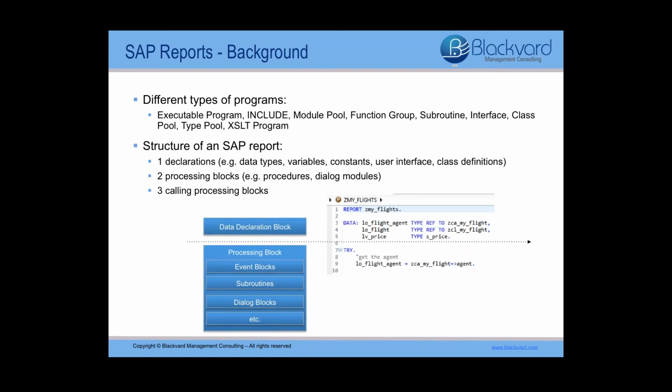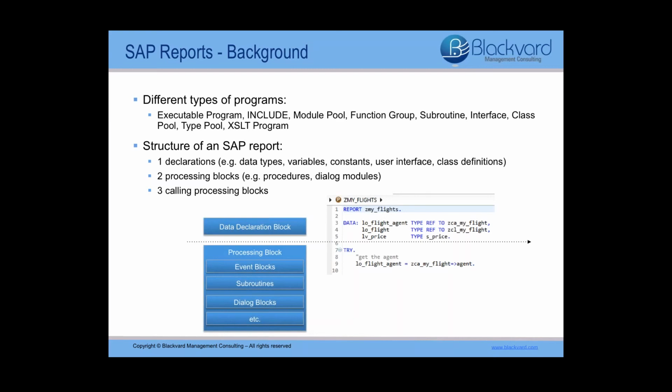The declaration part contains the data definitions, our variables and objects, or for example user interfaces in this case. But here we're just talking about 3 simple items, 2 objects and 1 variable. In line 3 we declare our local flight agent object, which refers to an agent class. Then in line 4 we have a local flight object directly, which refers to a flight object.